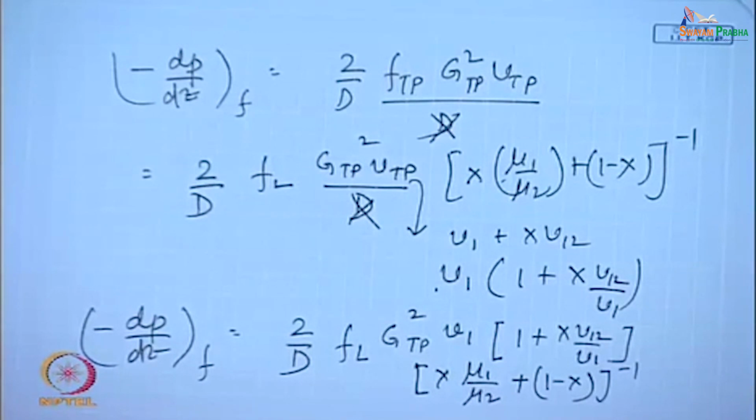Can I write it in this particular form when I have expressed the two phase frictional pressure gradient in terms of a two phase Reynolds number?